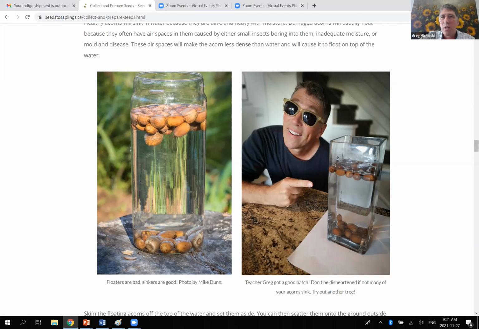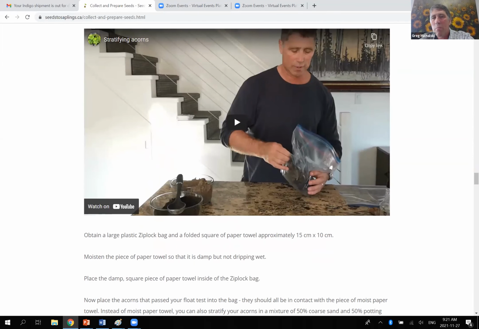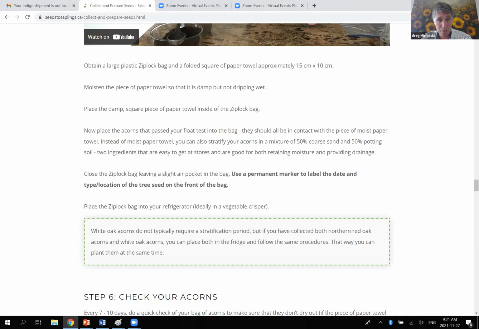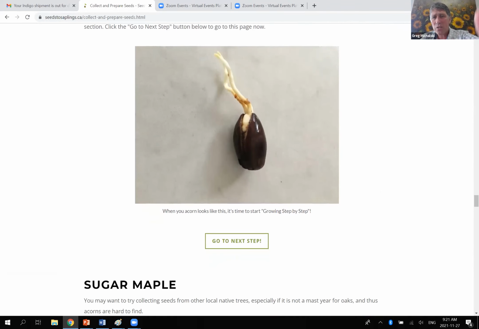And then it shows them, again step by step, how to bag the good seeds. There are a couple of simple ways they can do it: put it in the fridge and wait a couple of months, just checking on them occasionally, making sure the bag is moist for the seeds. That shows how to do it all for the northern red oak, and then there are instructions for sugar maple as well.